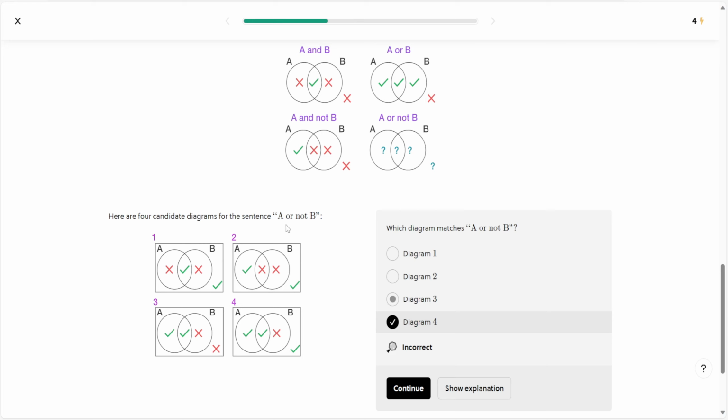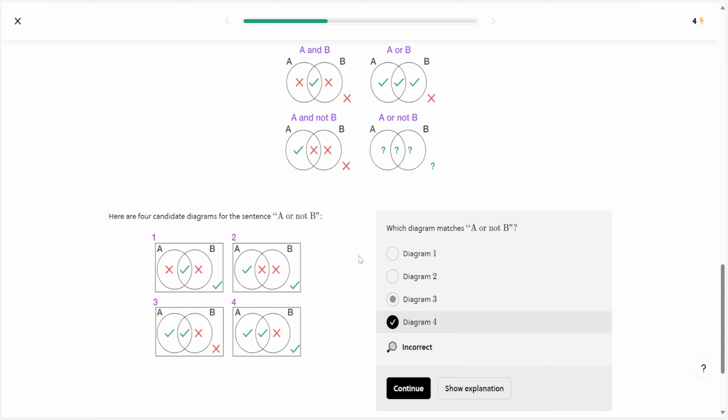So it's not A. Oh, of course, because it's A and or not B. So the or here, when it says not B, it's everything in the world apart from B, which includes all of this outside stuff. And the or is irrelevant.